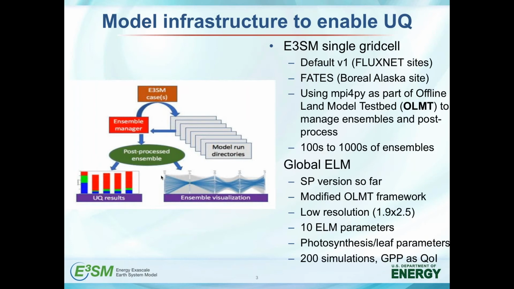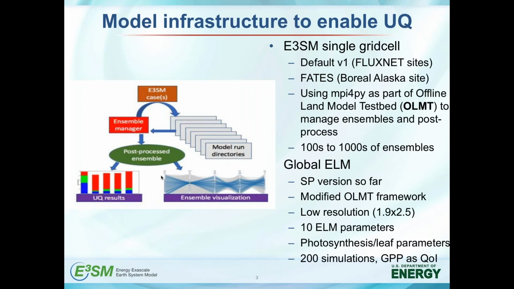A lot of that work originally focused on single column or single grid cell applications of ELM. And so we've done that, for example, in version 1 with a number of FluxNet sites. We're doing that now with ELM-FATES. And so we're using MPI for Python as part of an offline land model testbed that we've developed called OLMT.